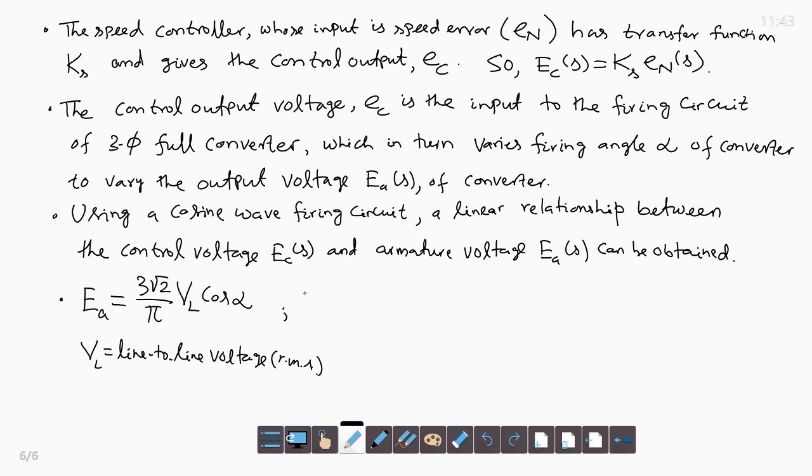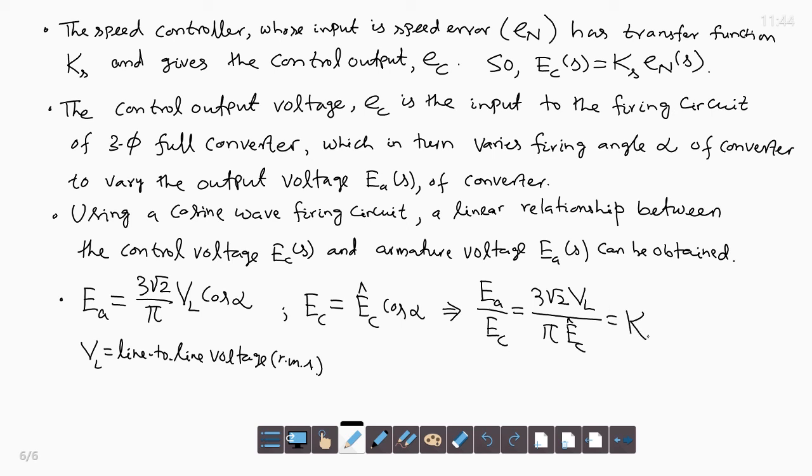Further, the control voltage Ec is some peak value Ec peak into cos alpha. From this you can obtain the output voltage of the converter Ea by Ec as 3 into root 2 VL by pi into Ec peak, that is the converter gain Kc.